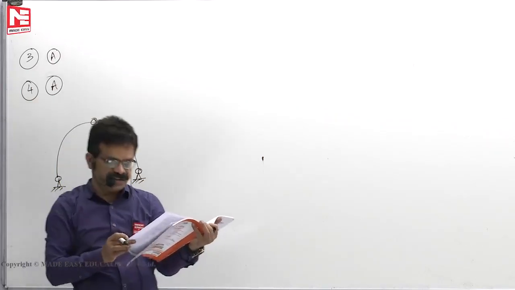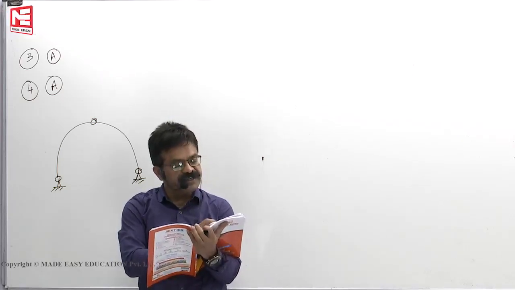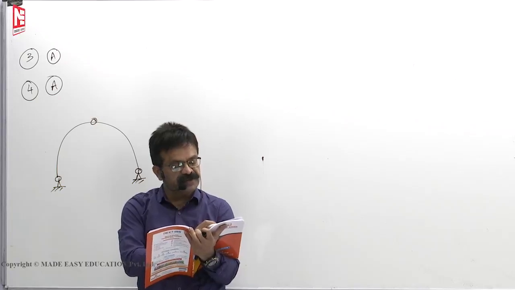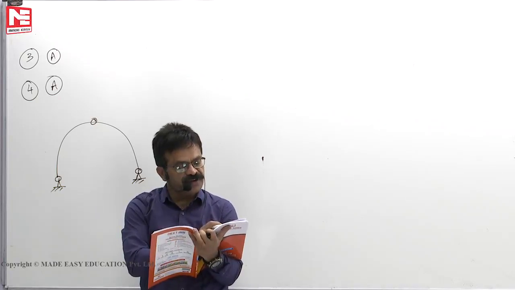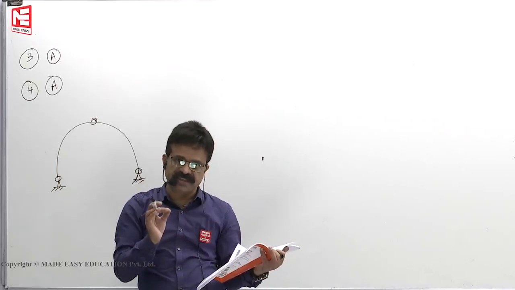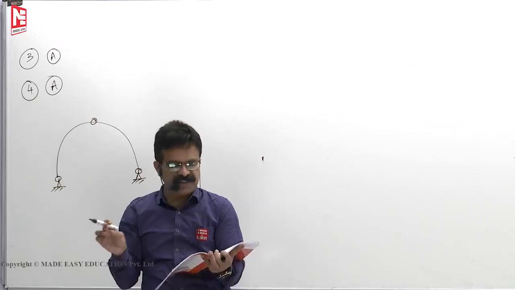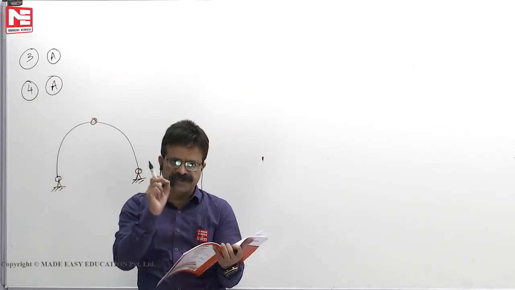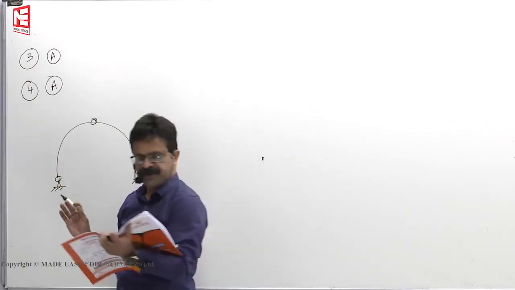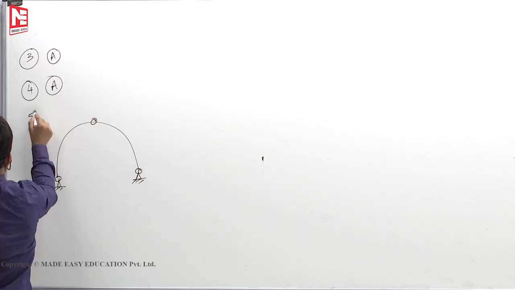Each arch supports a point load W at its crown. What is the ratio of horizontal thrust in these arches? Since horizontal thrust is independent of radius of the arch in a semicircular arch, whether it is 2.5, 5, 7.5 is the radius, thrust magnitude is same. So you have the fifth one, C.